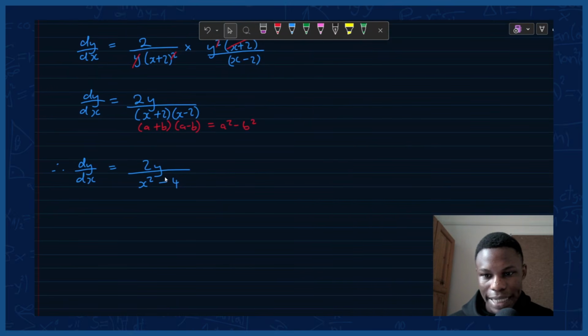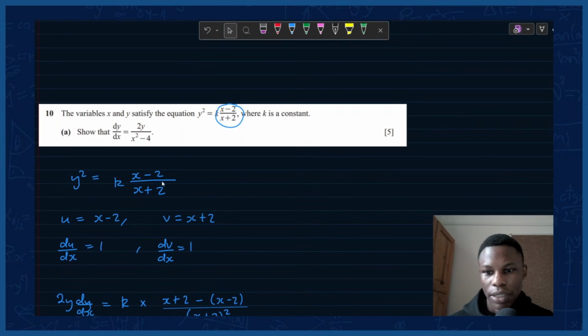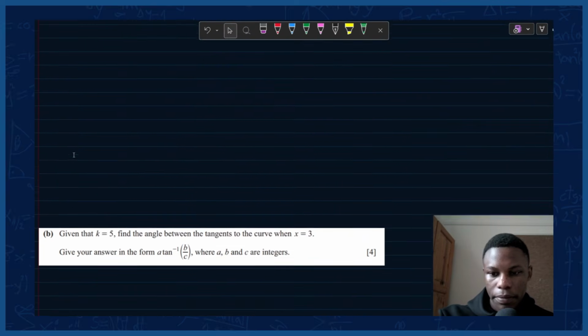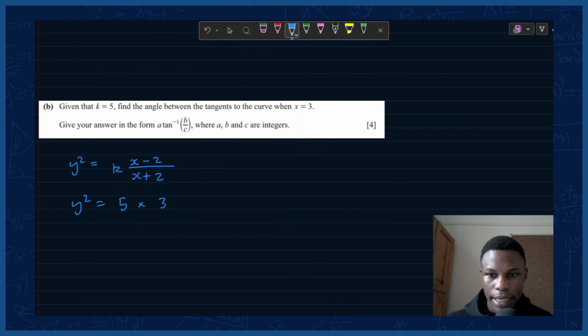Because our dy/dx is in terms of y and x, we first need to know what y is before we can get dy/dx. For that, we go to the original equation. They told us k is 5 and x is 3. So y squared is equal to 5 times (3 minus 2) over (3 plus 2).